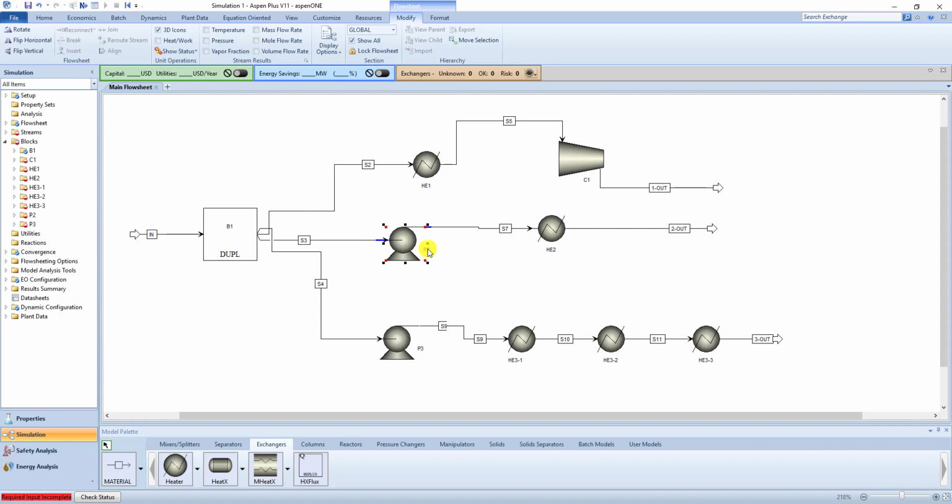Now, for the utilities, we can go a step further right now and add in work as well as heat streams. So work streams, you can see that the pumps and the compressors will require work in the form of electricity. So if we put it as a stream coming out, that will tell us the demand that is required for those units.